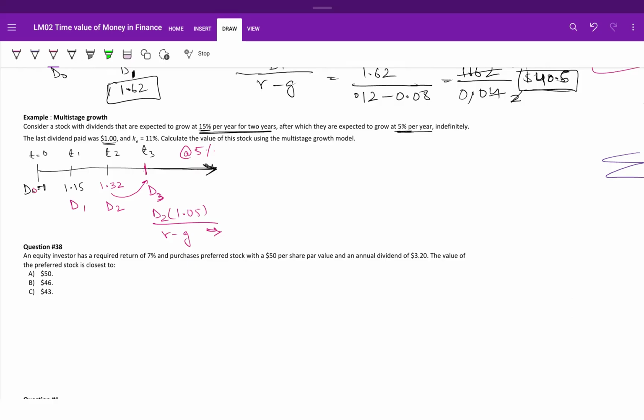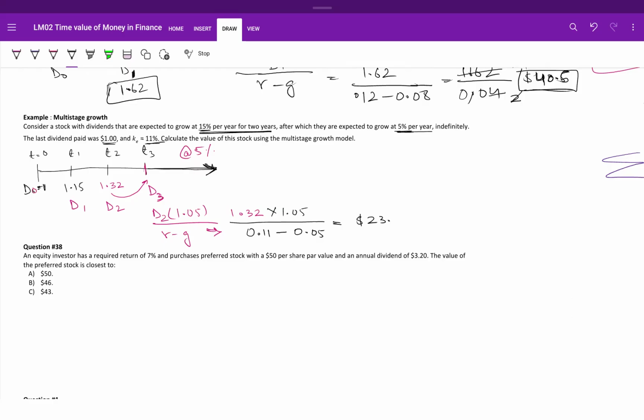So how would the calculation look like? 1.32 multiplied by 1.05 and divided by the rate. The expected rate is Ke, the cost of equity, which is 11%. So 0.11, and we are going to subtract our growth rate of 0.05 out of this. After calculating everything, this will give us a value of 23.10.